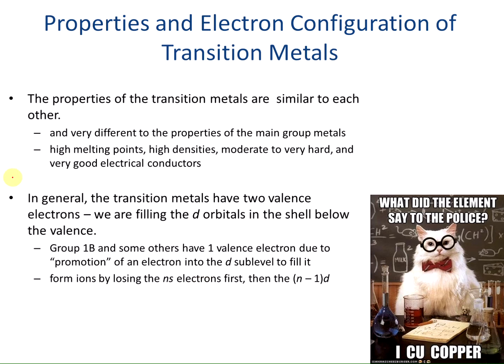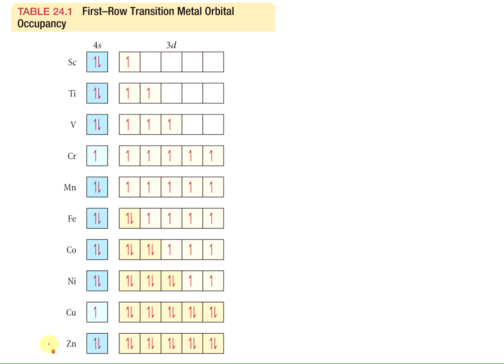So let's look at some of these electron configurations. We did scandium, so we said neutral scandium was argon 4s2 3d1. But notice with each element as we go across the periodic table, we're just adding 1. I want to draw your attention to chromium and copper. We have a little bit of a weird thing going on here.